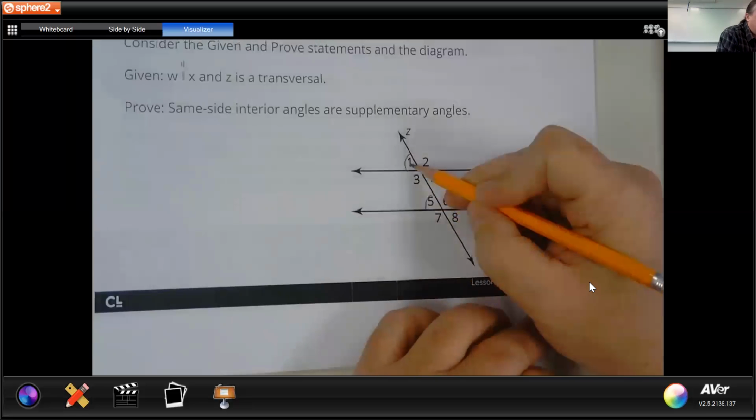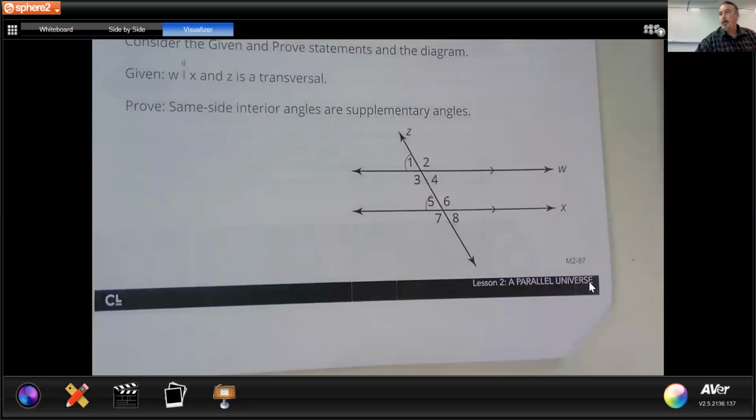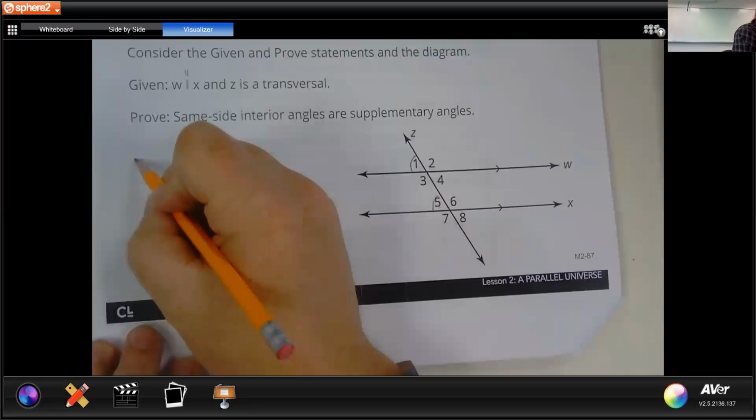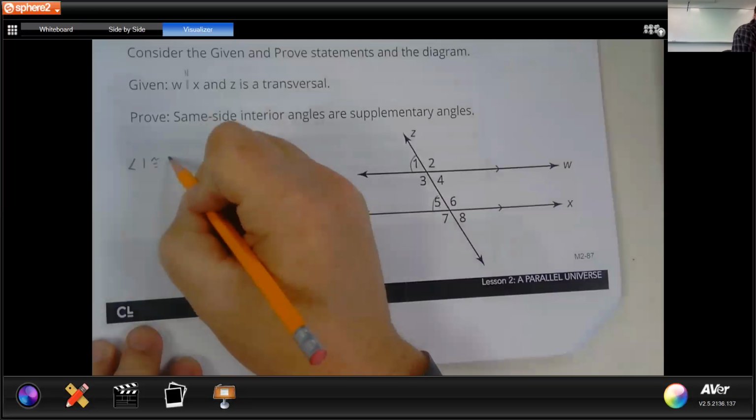We know already that 1 and 5 right here are congruent angles. And we're going to use that. And we know that they're equal to each other because they're corresponding angles. And we can go ahead and say that angle 1 is congruent to angle 5.